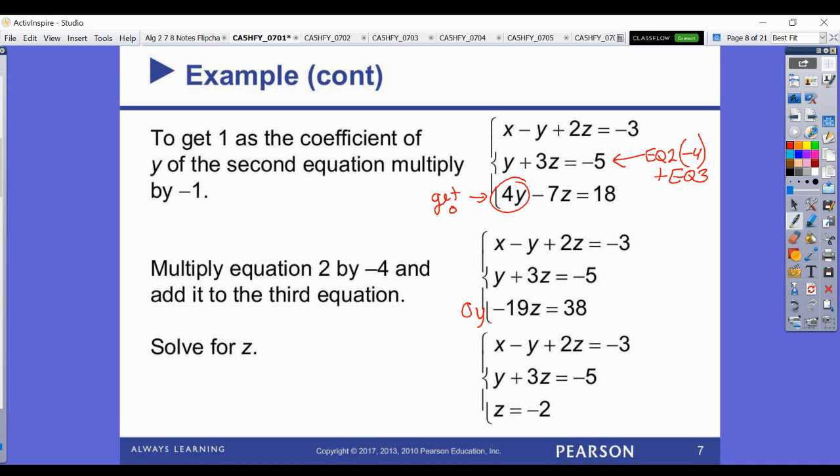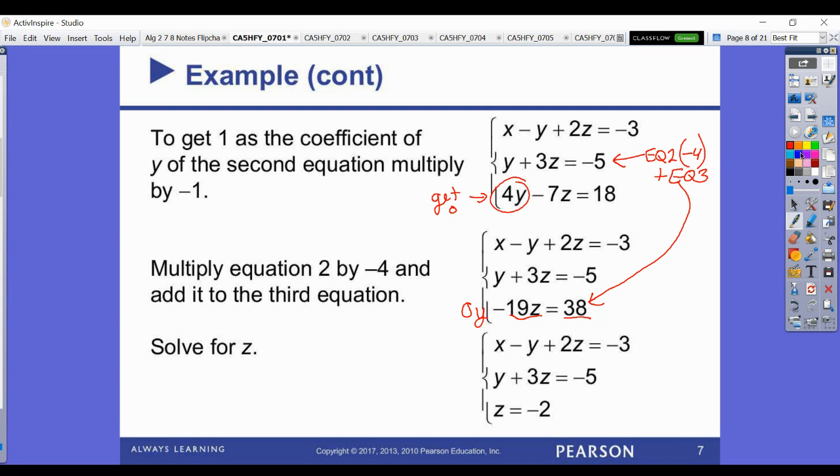So the 0y, it went away. 3 times -4 is -12z, plus -7z is -19z, and 20 plus 18 is 38. So that step got me there. Notice the first and second equation did not change. They just got rewritten.